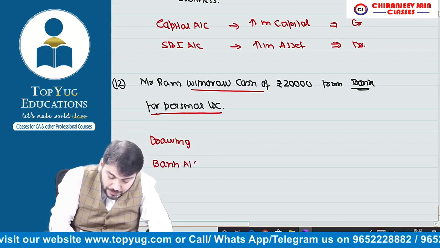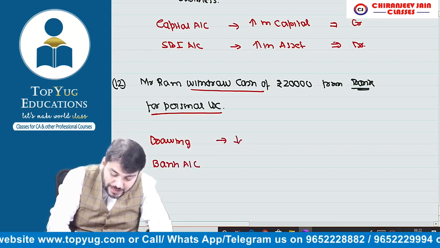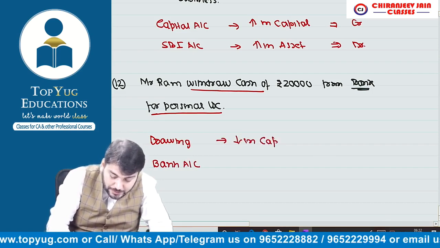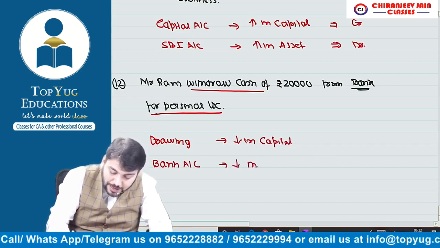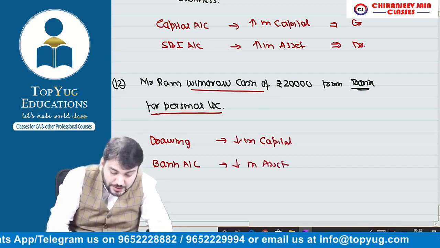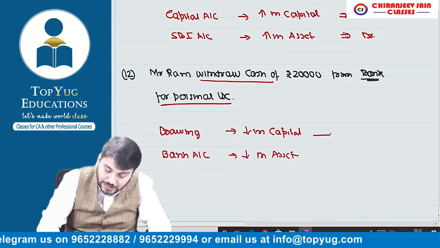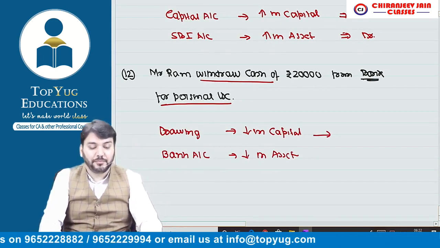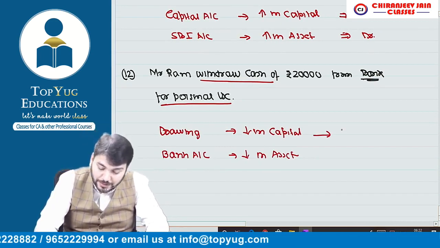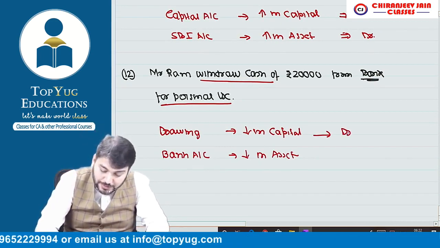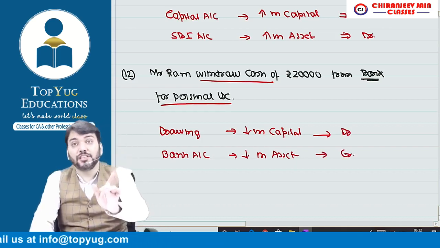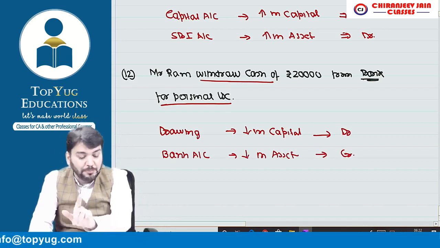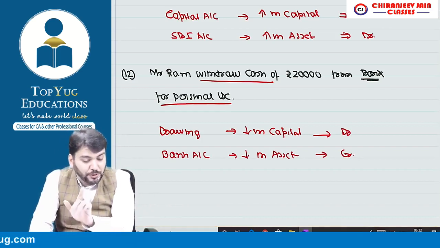Bank account will be affected. So there is a decrease in capital and a decrease in asset. Decreasing capital will be debited. Decrease in asset will be credited. So the journal entry: Drawing account debit to bank.